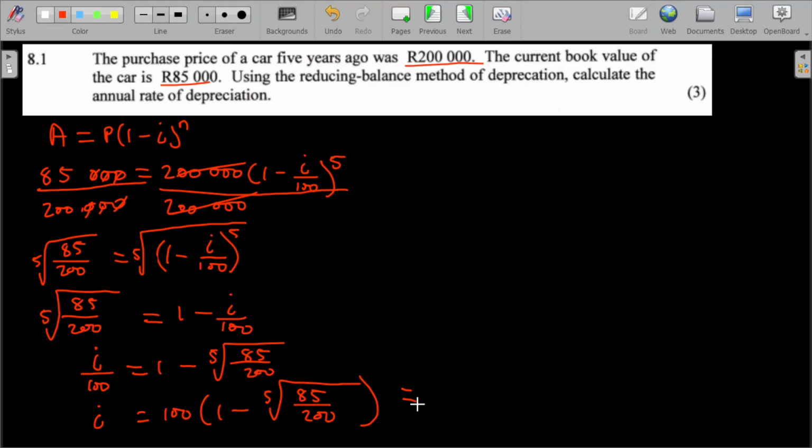Punch the calculator. 1 minus the 5th root of 85 all over 200. Then my answer here is going to be 15.73%. That's the I value that we're looking for here.